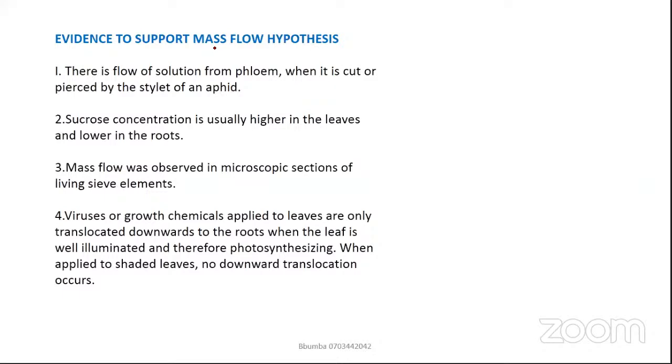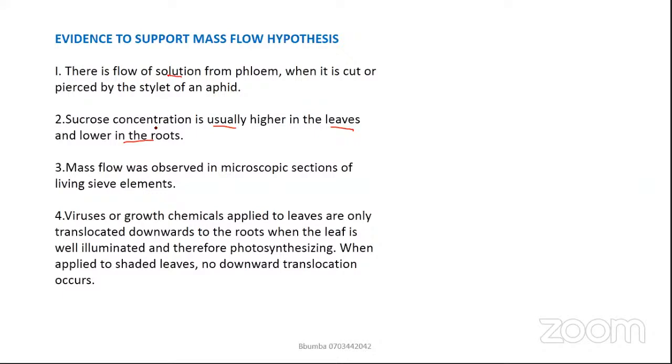Evidence one, there is a flow of solution from phloem when it is cut or pierced by a stylet of an aphid. Okay. So when there is a flow of solution, I think this is obvious. Then evidence number two, sucrose concentration is usually higher in the leaves and lower in the roots.